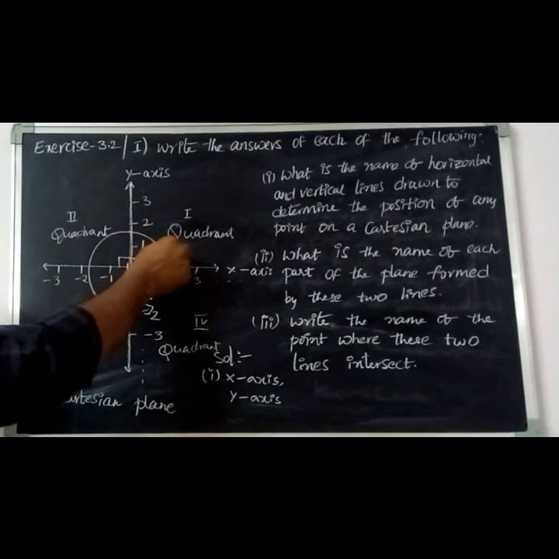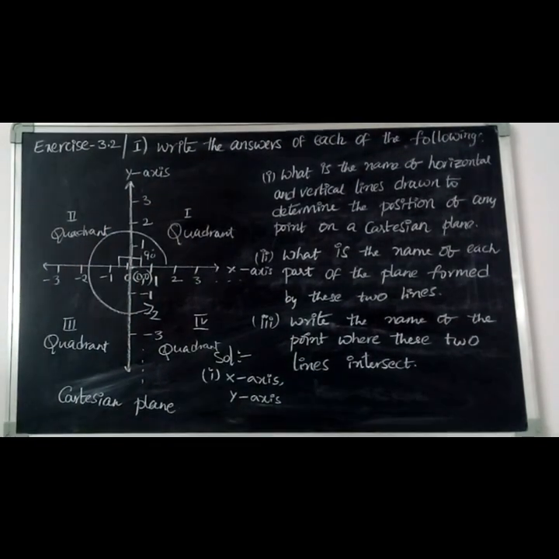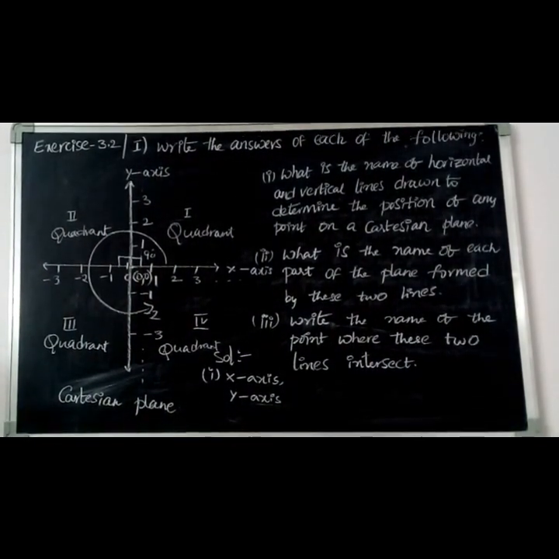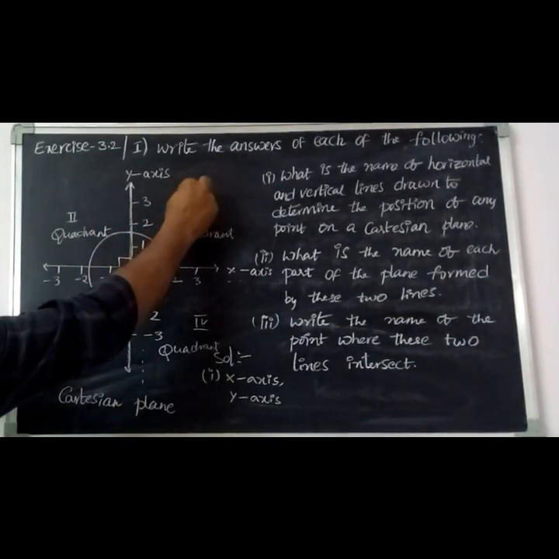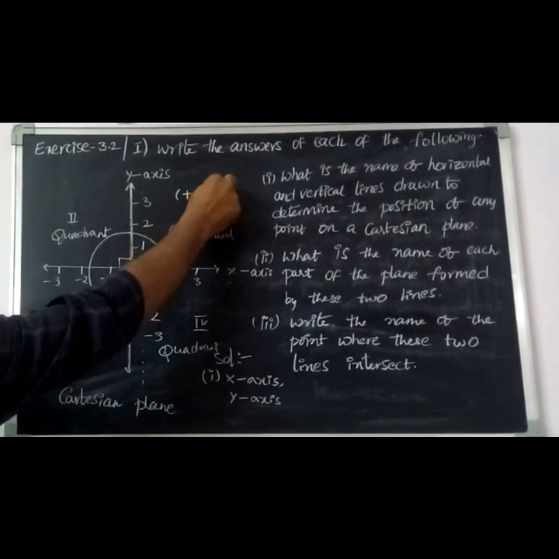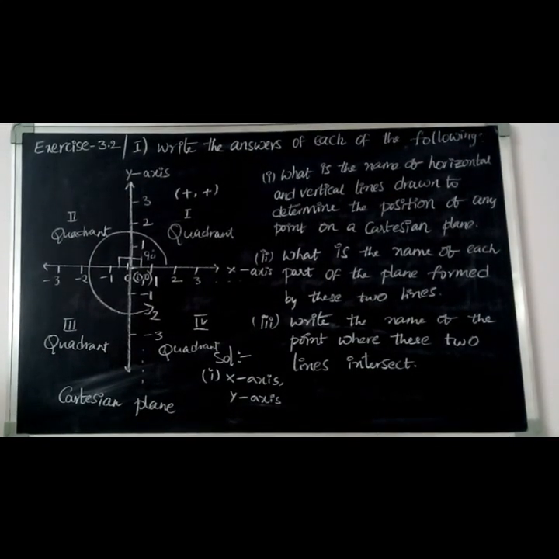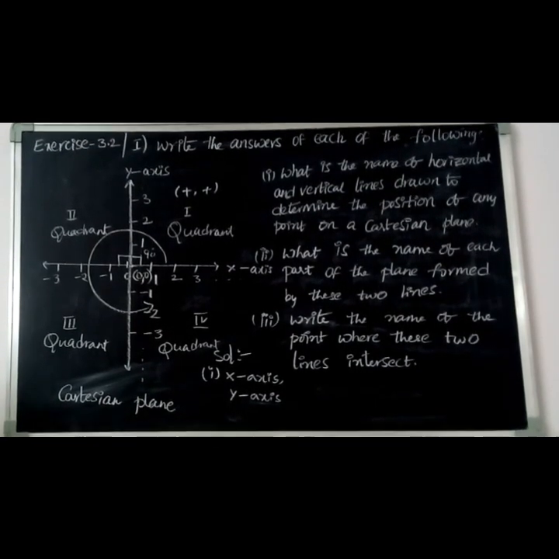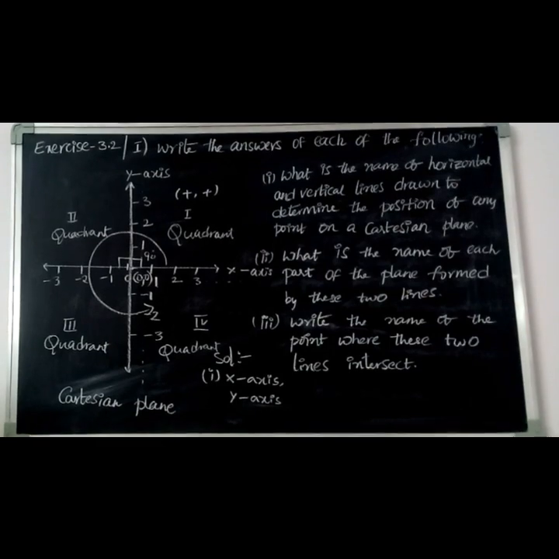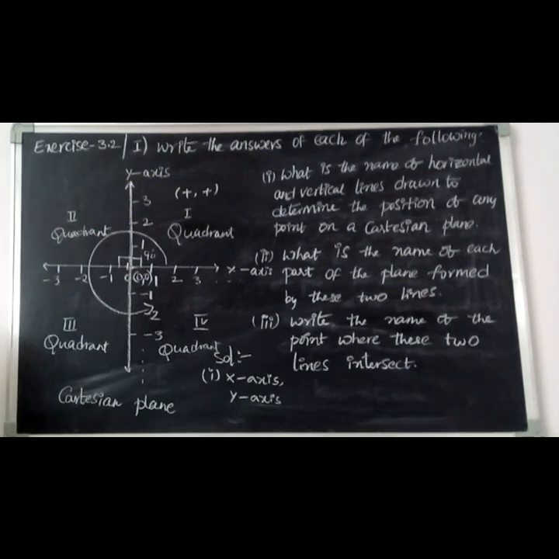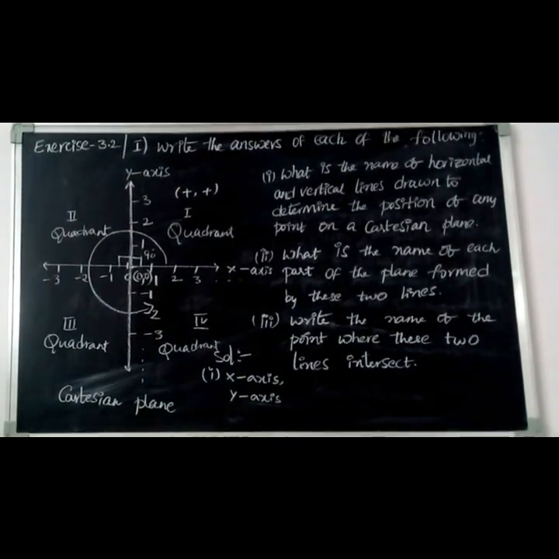Okay. Now, if you observe, a point that lies in this quadrant will always be plus comma plus. That means the x coordinate will be positive and the y coordinate is also positive. If both the x coordinate and y coordinate are positive, that point always lies in quadrant 1. Now let us see the second quadrant.